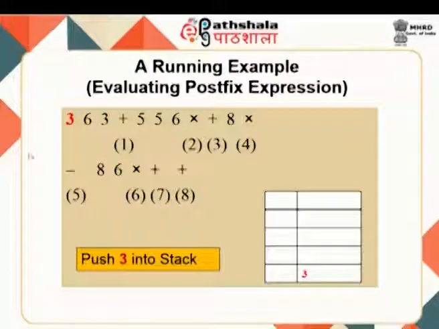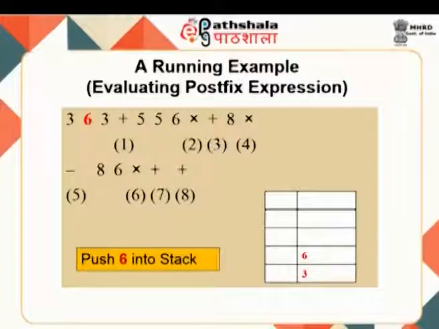So, this is the postfix expression that I have. It is a big expression: 3 6 plus 5 5 6 multiply plus 8 multiply minus 8 6 multiply plus plus. Now, when you see an operand, you push it onto the stack. Next also you see an operand, so push it onto the stack.